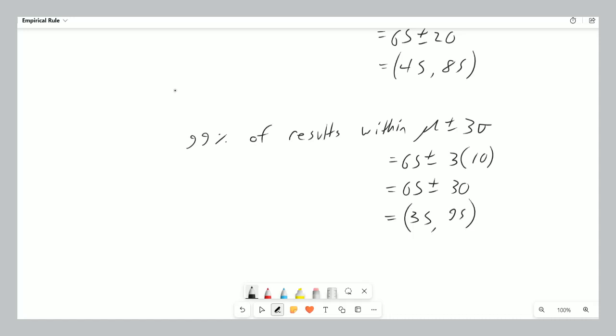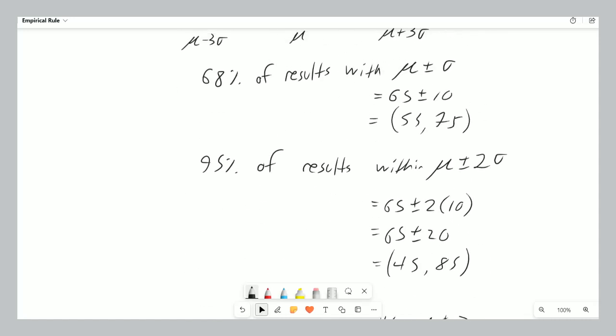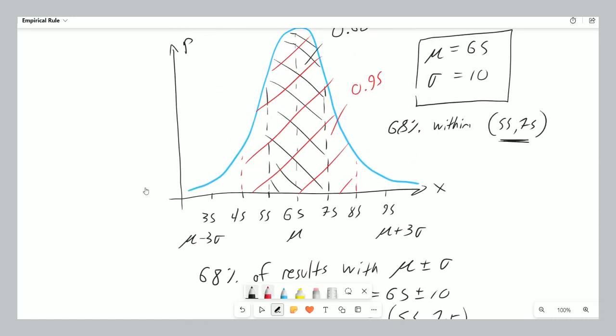So randomly select a student. There's a 99.7% chance, or a 0.997 probability, that their grade is somewhere between 35 and 95, which sounds pretty reasonable. That pretty much all students score somewhere between 35 and 95 on a test, if the average score is 65 and the standard deviation is 10.